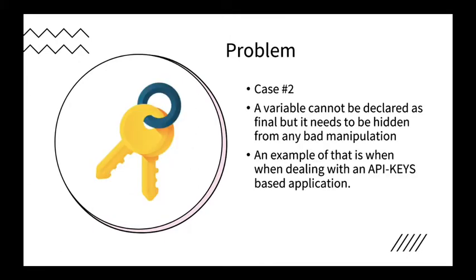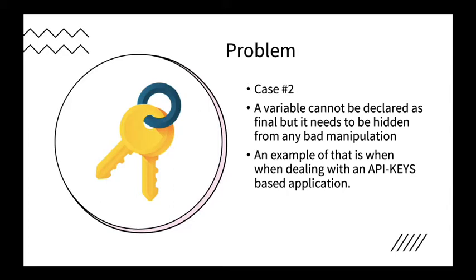Another problem is when we are using an app that is consuming an API. Generally APIs use API keys in order to authenticate with the host. And if we are using a cryptocurrency related API, it is generally given once.